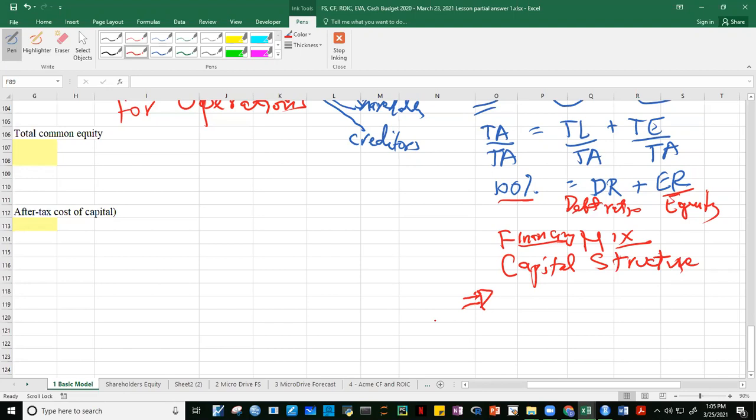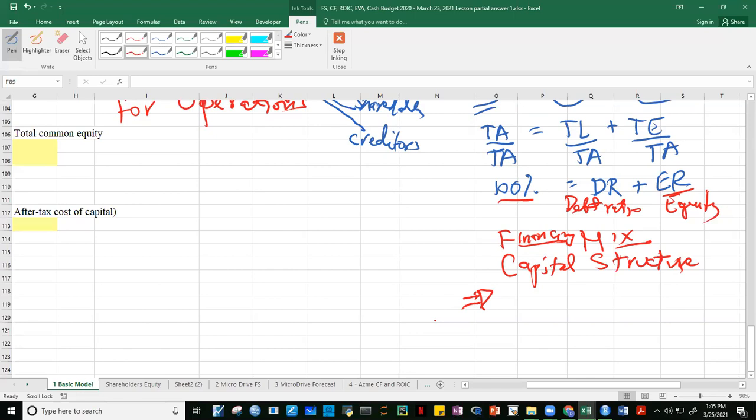Should it be 60-40 or should it be 10-90 or 90-10? Okay, there's no one mix that's good for all companies. Walang ganun, no? For some companies, it might be 30%, 70%. For some companies, it might be 50-50.